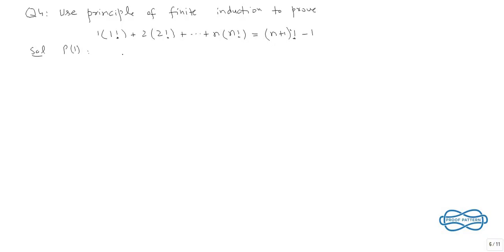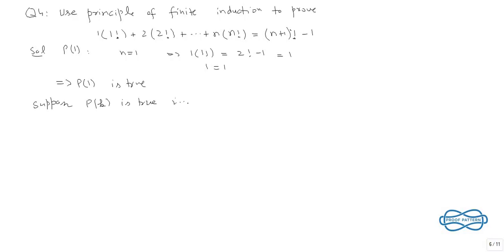for P1, means for n is equal to 1, this means 1 into 1 factorial is equal to 2 factorial minus 1, which is also equal to 1. So 1 is equal to 1 on both sides. This means P1 is true. Now suppose that Pk is true.